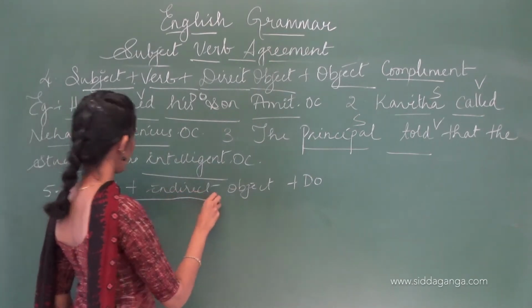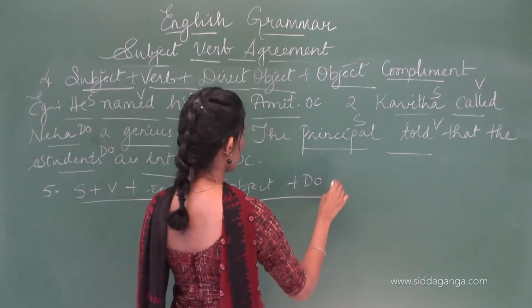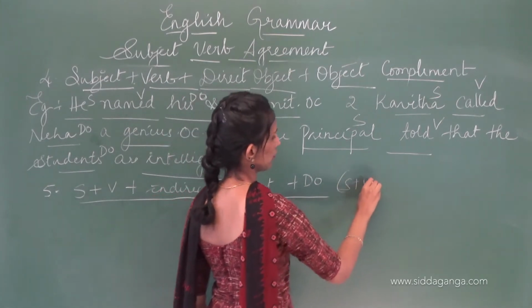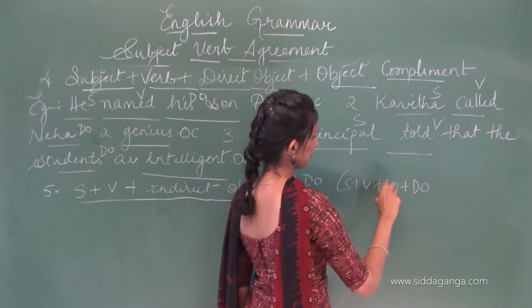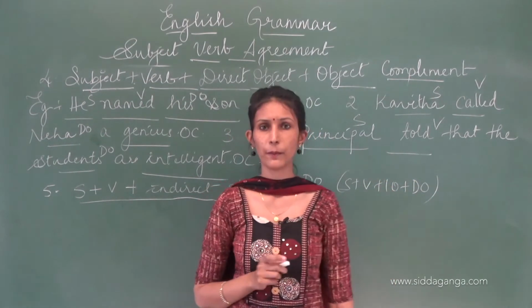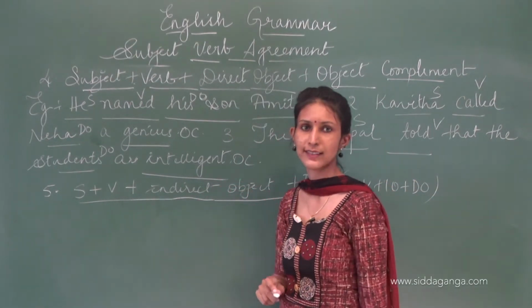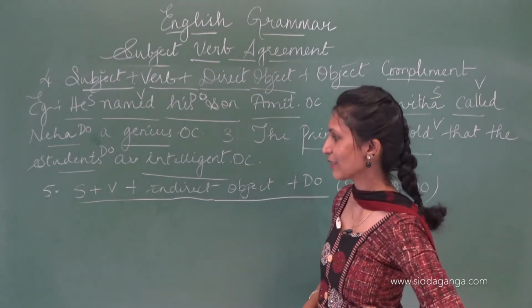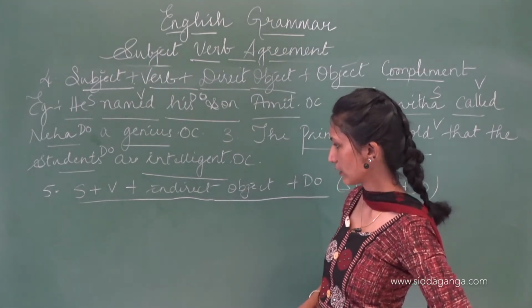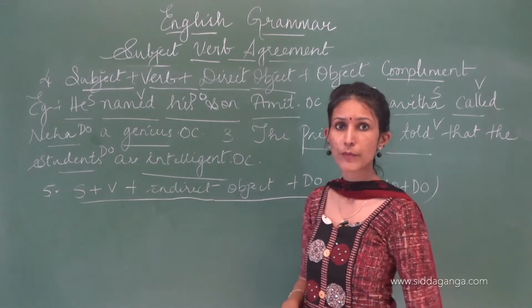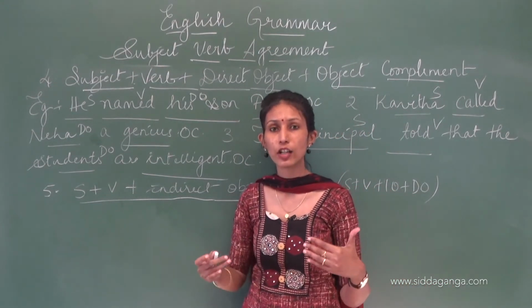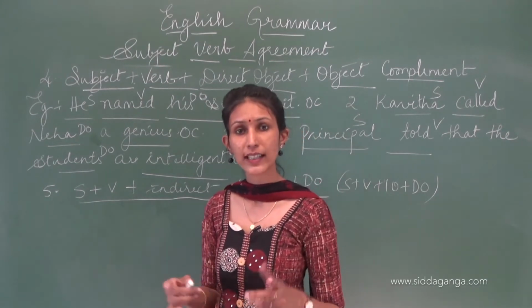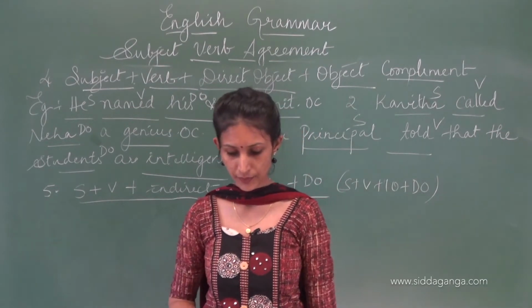So S plus V plus IO plus DO. Okay, this is your formula. S plus V plus IO plus DO. Indirect object. Till now we studied object complement, subject complement, direct object. Now there is something called as an indirect object.